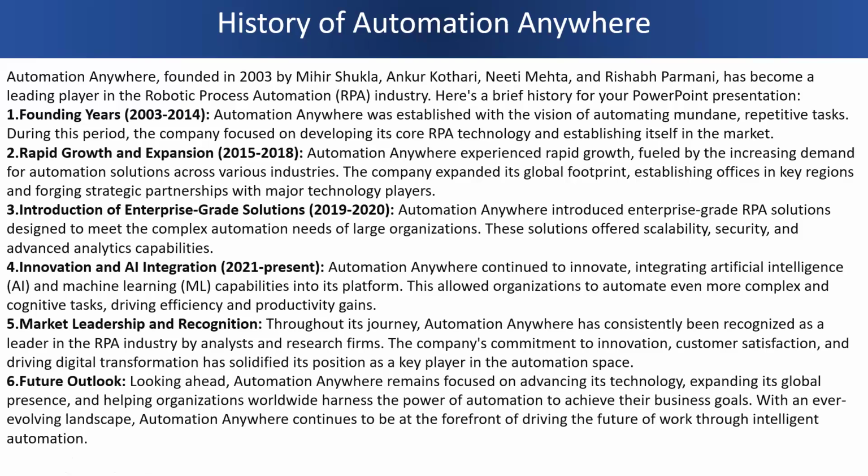When I started working with Maersk Global Services in 2016-2017, Maersk was one of the big clients for them, using around 500 plus licenses to automate and run processes. Similarly, there are ANZ, one of the banks, and Robert Bosch, one of the big clients for them.